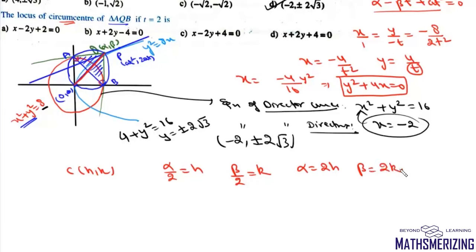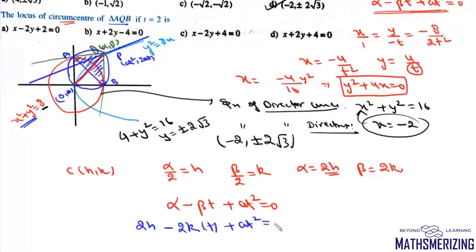Now we already know that this alpha beta lies on this tangent, which is alpha minus beta t plus a t square equals 0. So we'll put the value of alpha and beta. Alpha is 2h and beta is 2k. So we can write this as 2h minus 2k t and then plus at square equals to 0.